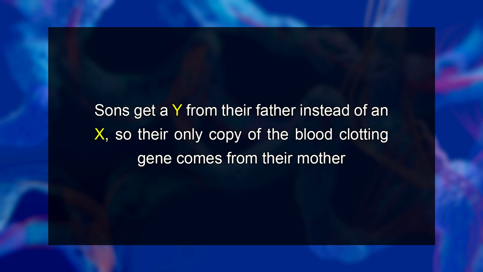There is zero chance of the daughters getting an allele from their father, so their overall chance of having hemophilia is zero. The sons, on the other hand, get a Y chromosome from their father instead of an X, so their only copy of the blood clotting gene comes from their mother. The mother is heterozygous, so half of the sons on average will get an allele and have hemophilia.